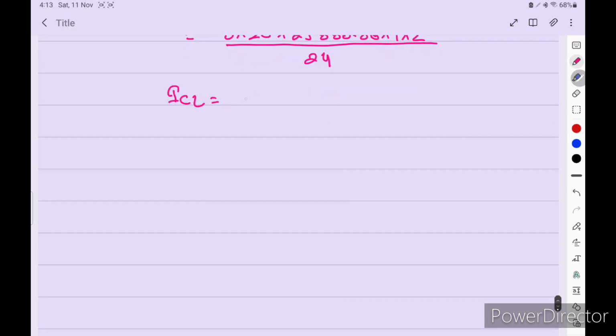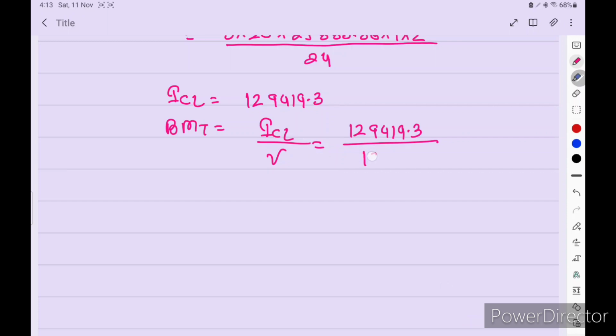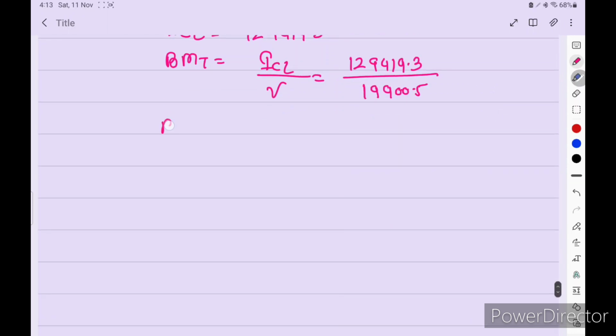So I center line is equal to 129419.3. So BM transverse is equal to I center line upon volume, which is 129419.3 divided by the volume 19900.5. So BM transverse is equal to 6.503 meters.